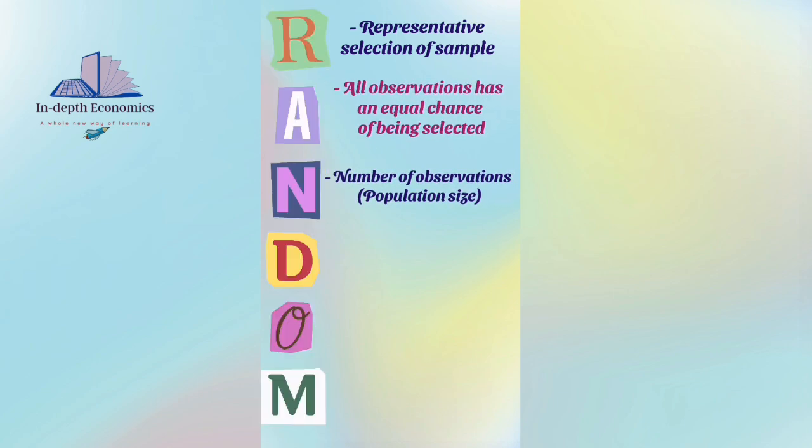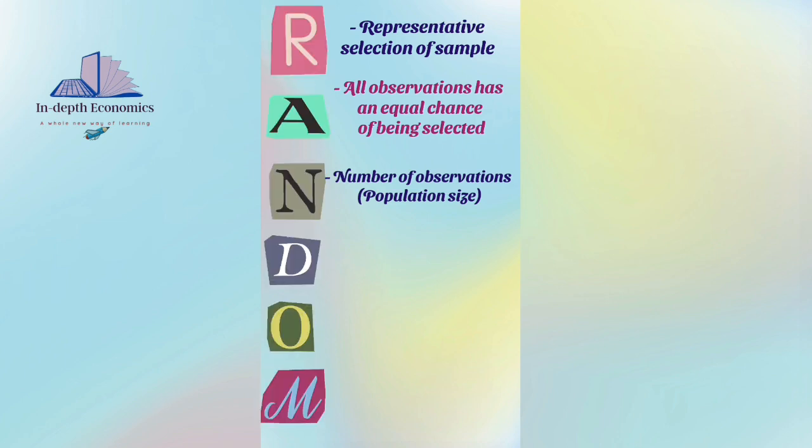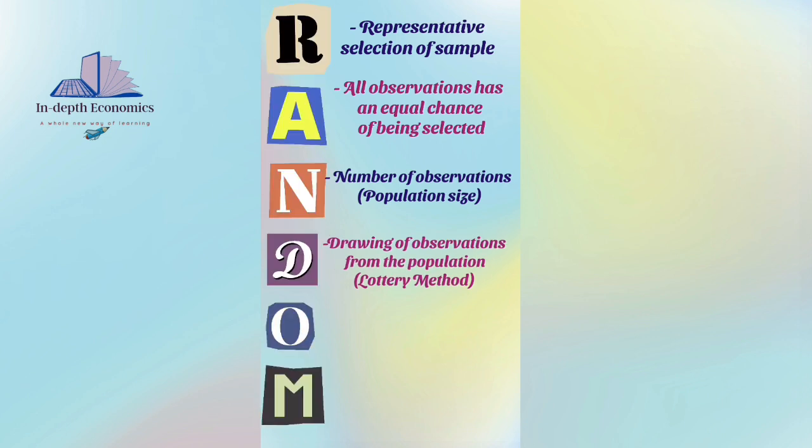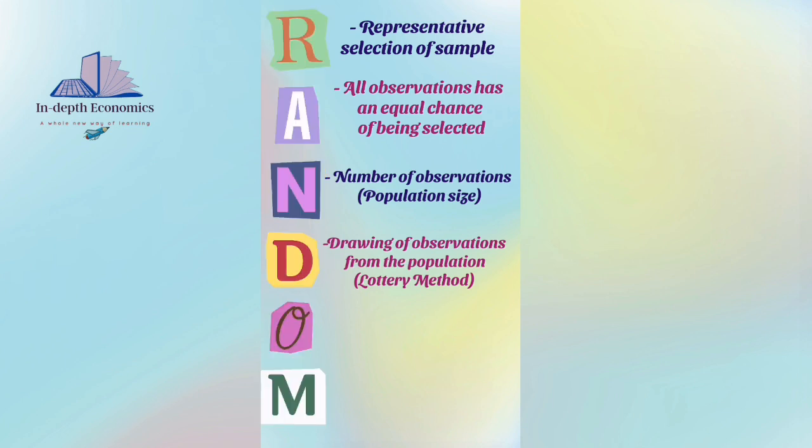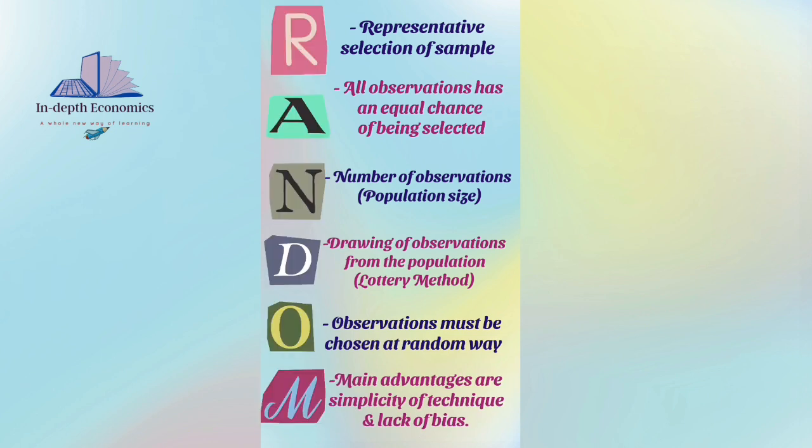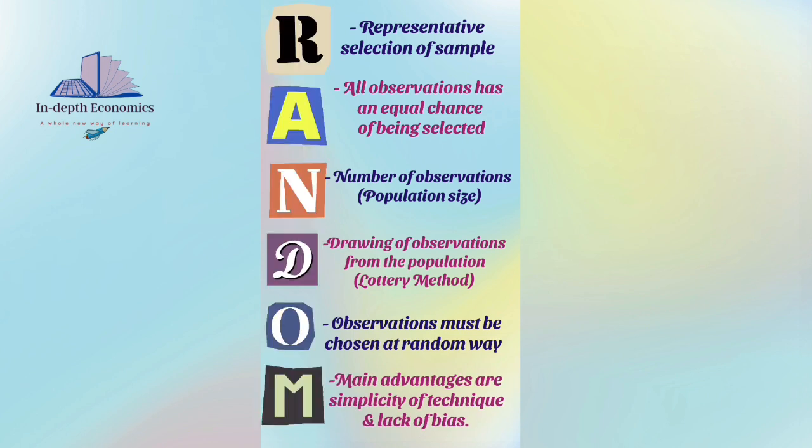This method requires information about total number of observations in the population or population size. Next, by drawing our observation from the population, a representative sample is selected. The method is similar to a lottery. So, observations must be selected by random draws. Major advantages of this method include its simplicity and lack of bias.